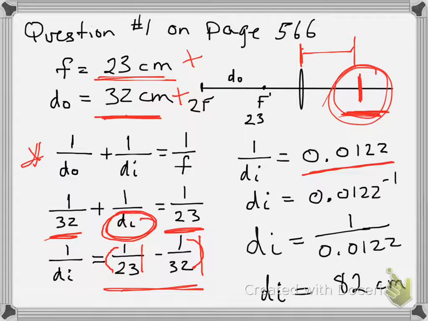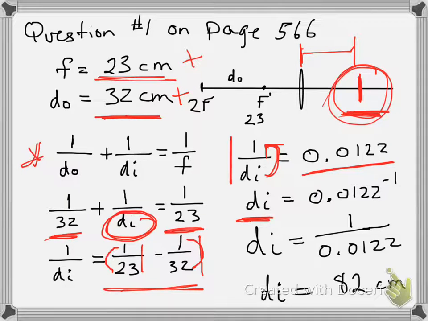Now, on this side it is an inverse relationship. We have 1 over the distance of the image. To make it di, you have to reciprocate it, right? So you invert the fraction, and you end up with di. When you do that, you have to do the same to the other side.